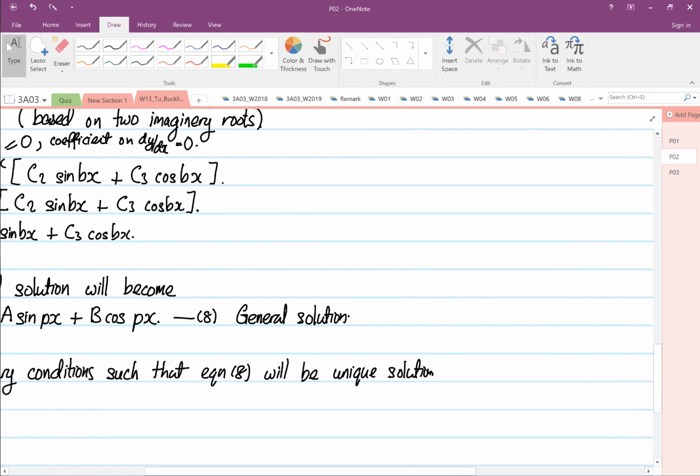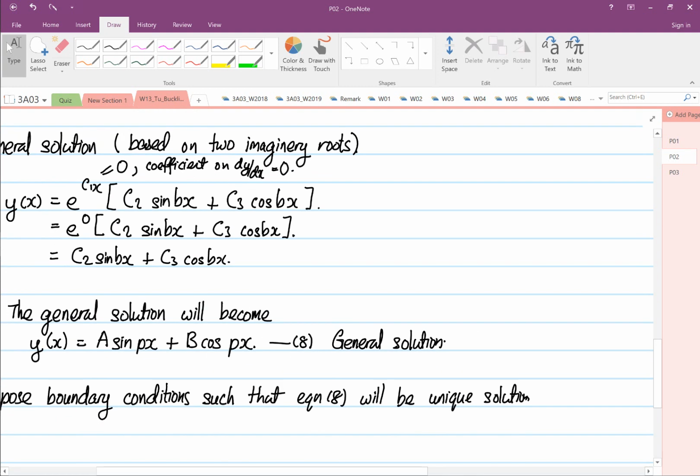Before I go on, if we were to plot this out, this is my y and this is our x, which is our variable.